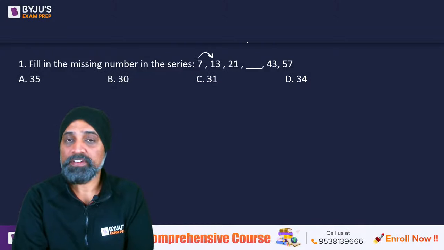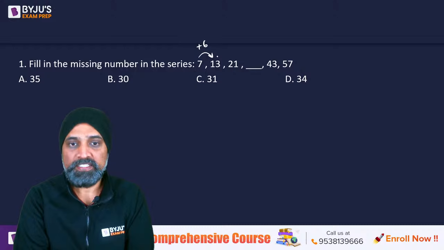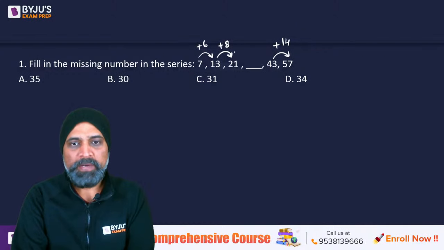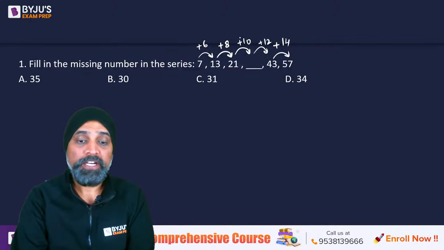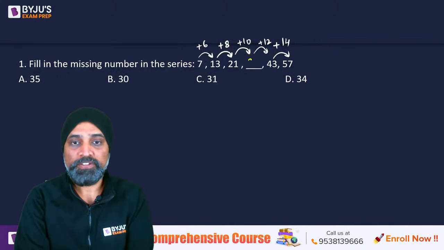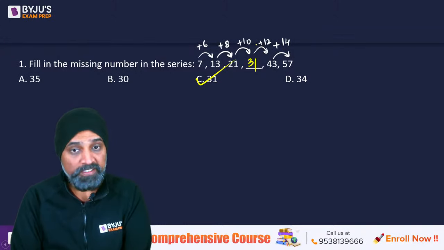The difference of 7 and 13, that's an increase of 6. 13 and 21, that's an increase of 8. 43 and 57, that's an increase of 14. So going by this pattern, the next increase should be that of 10 and the next increase should be that of 12. So 6, 8, 10, 12, 14, they form a sequence, right? From 21, if you need an increase of 10, you will end up at 31. So Charlie is our answer, 31.